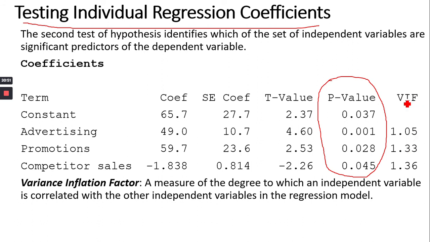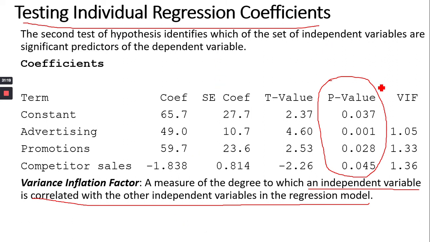But now I brought this back because I wanted to explain the variance inflation factor that I talked about. The variance inflation factor is a measure of the degree to which an independent variable is correlated with the other independent variables in the regression model. So we don't want these to be correlated. Remember, we said when they are correlated, we talk of multicollinearity. We want them to be uncorrelated.